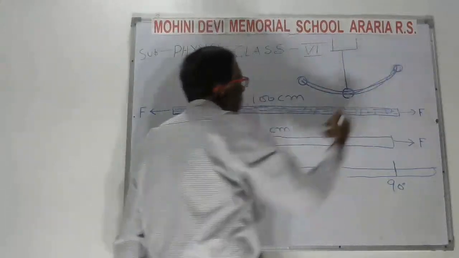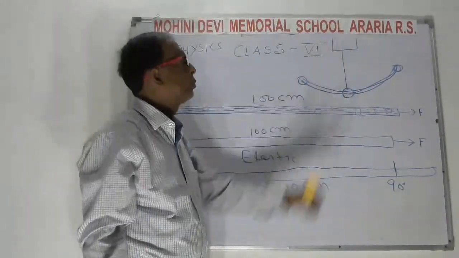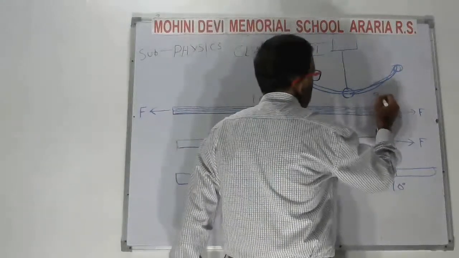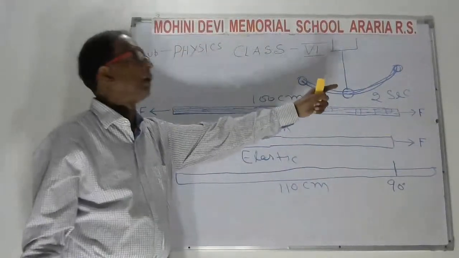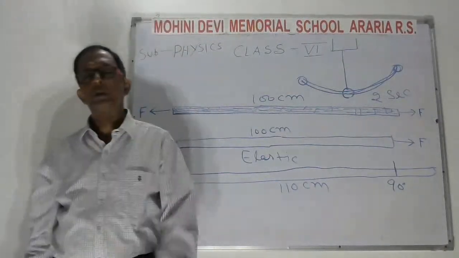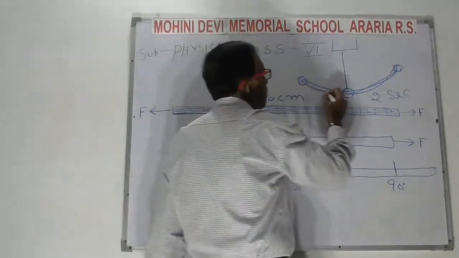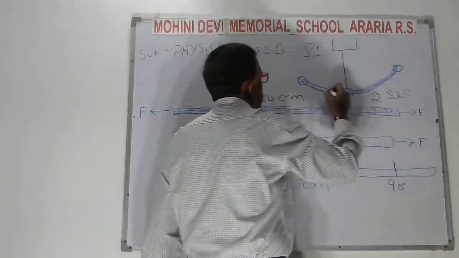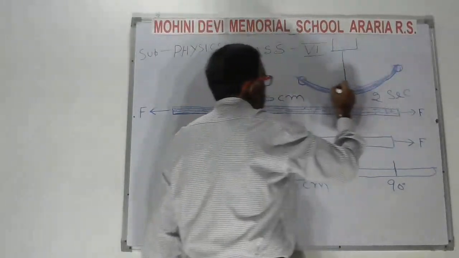This is called one oscillation, and the pendulum takes 2 seconds for this oscillation. How much time? 2 seconds. It means the half oscillation measures 1 second. Again the pendulum repeats these two positions and the middle position. So it is a periodic motion.